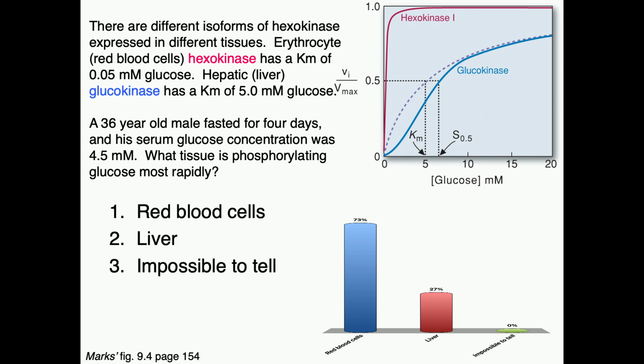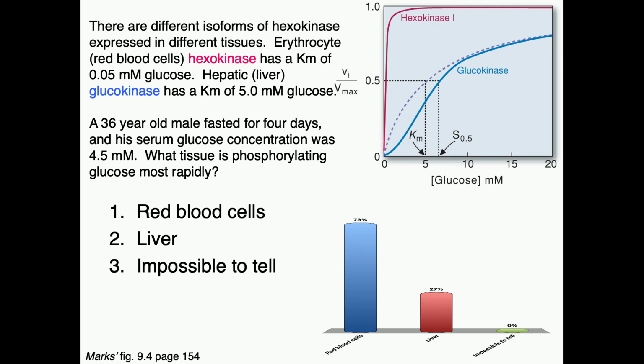Yes? So if you had a glucose concentration of 15 millimolar or something like that, is the glucokinase ever going to match the velocity of the hexokinase? Okay, in this chart, yes, it would, the way that it's represented. Because the y-axis here is initial velocity as a fraction of the maximum velocity.